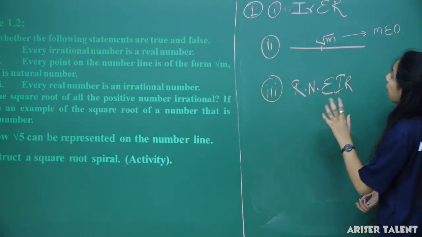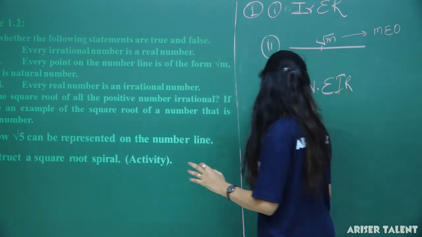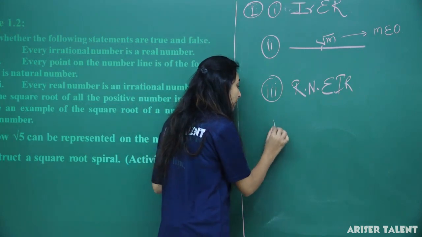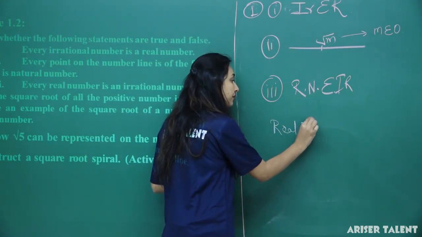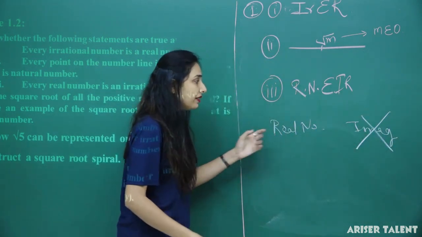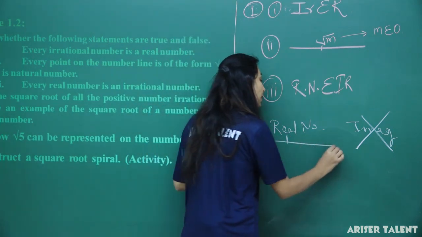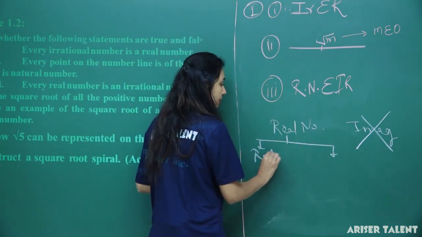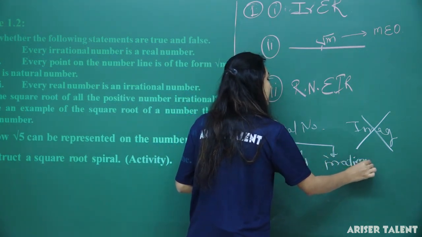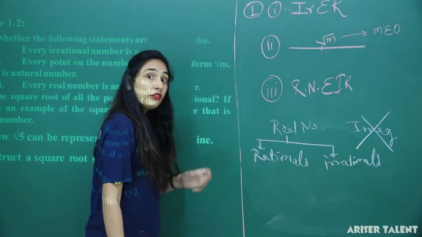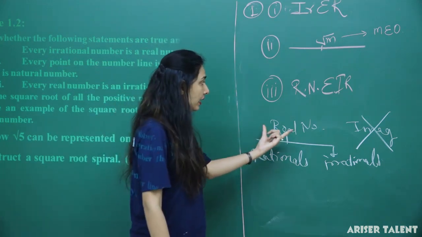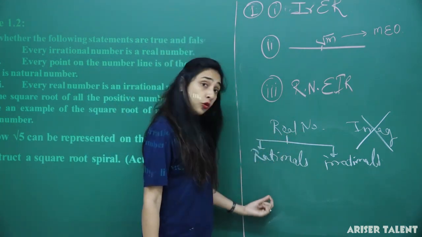Now it's saying every irrational number is a real number. When we started this chapter, in the first lecture, I told you that we have real numbers and imaginary numbers, and that we are not going to talk about imaginary numbers, but we will talk about real numbers of two types, rationals and irrationals. Students, we have represented the irrationals also on the number line. So real numbers have two parts, rational and irrational.